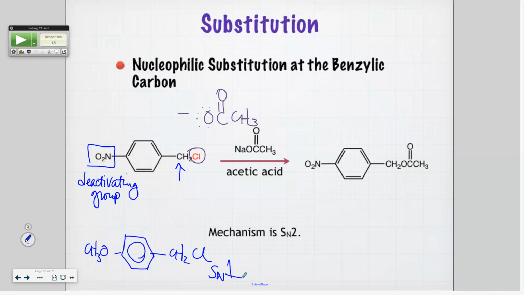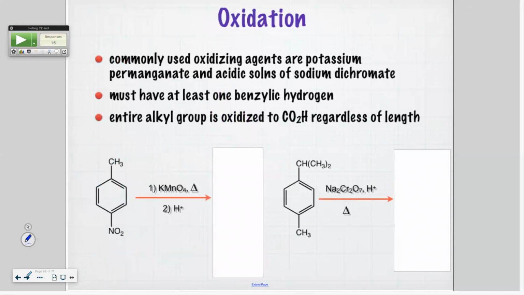This is really messy. As you substitute at this carbon, that also helps stabilize the carbocation. So if you had two methyls there instead of two hydrogens, you'd probably be SN1 because you're going to make a tertiary carbocation. Make sense? Even though the nitro is there.